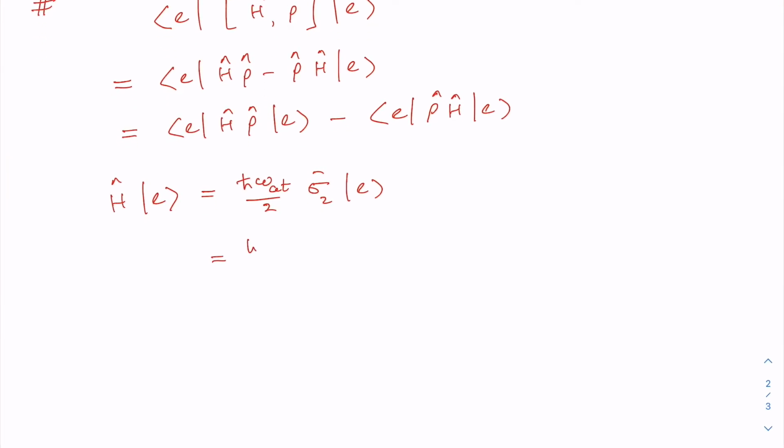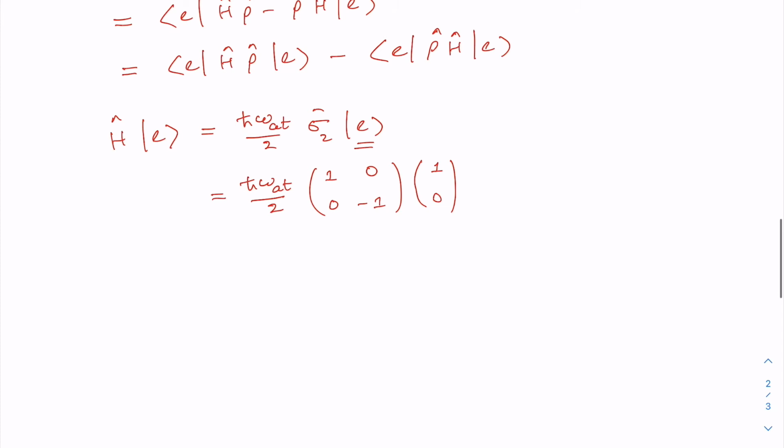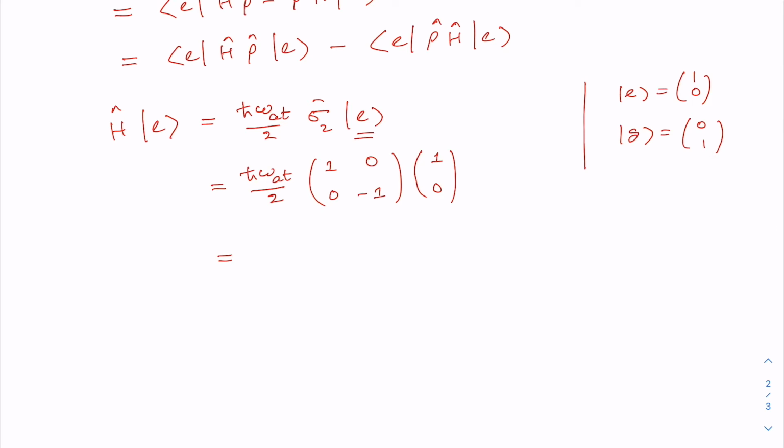Now I know the σ_z operator is (1 0; 0 −1), and if I take this ket |e⟩ as the column matrix (1 0), so I am taking |e⟩ as (1 0) and |g⟩ as (0 1), then if I do the math, you will get ħω_atom/2 (1 0).